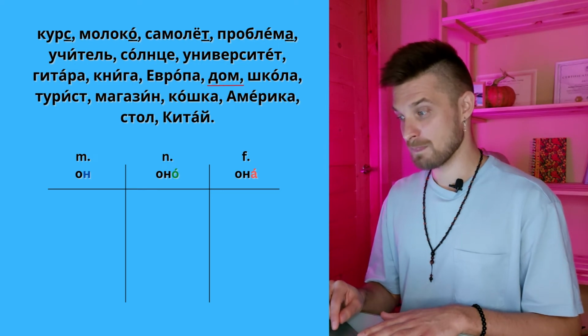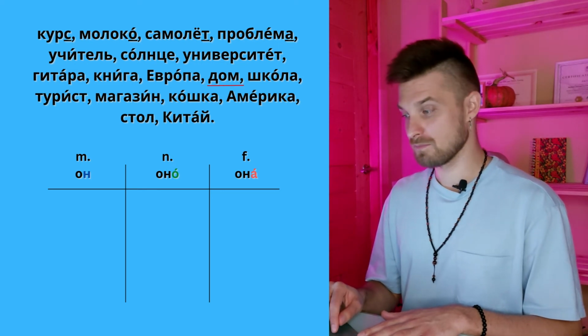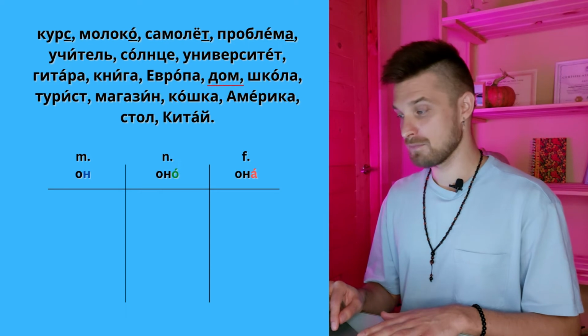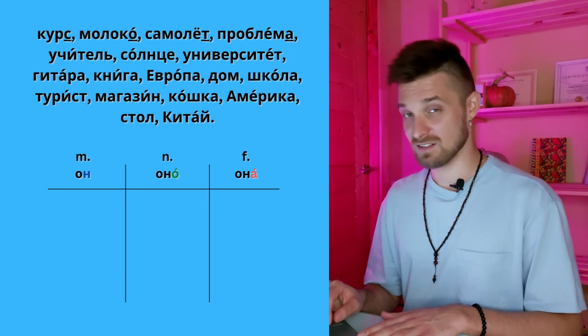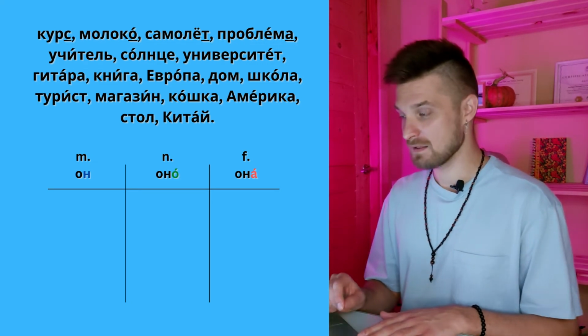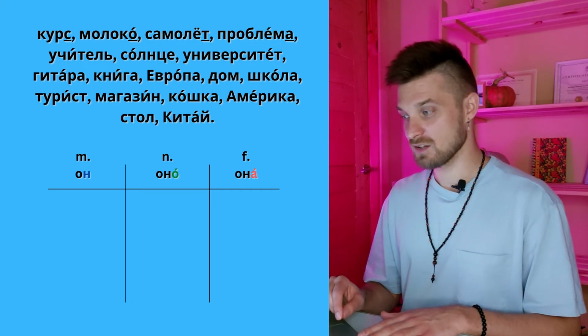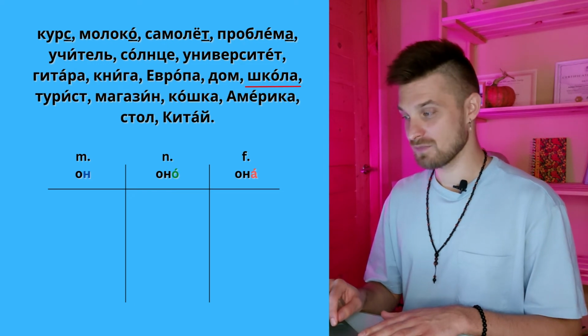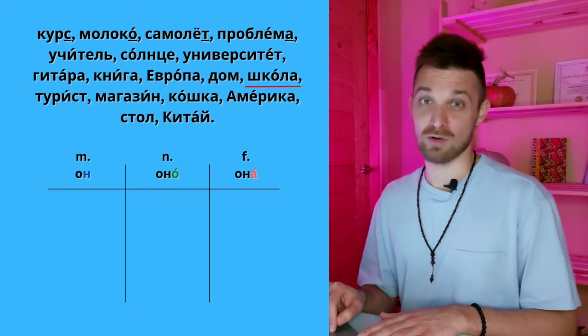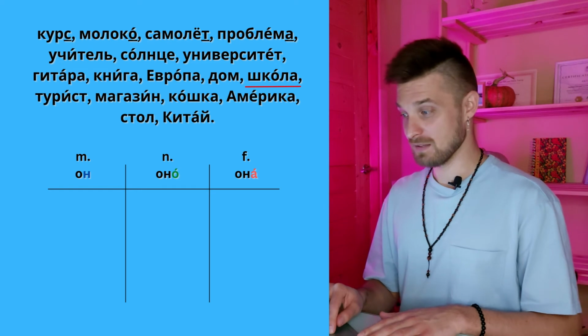The next one, дом. Дом ends with m. M is a consonant. Consonant, masculine. Okay, дом. Дом, it's a house or home, by the way.